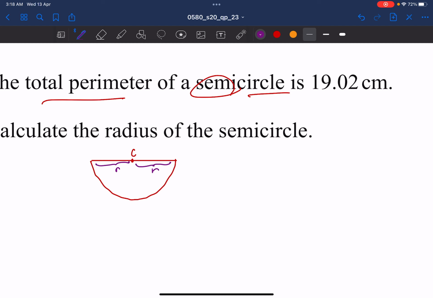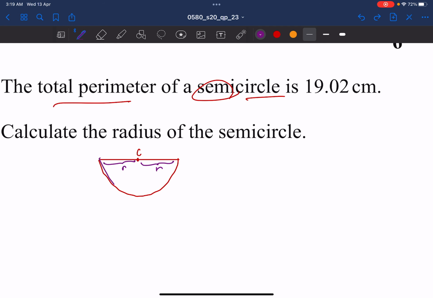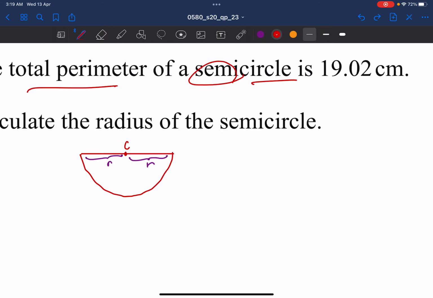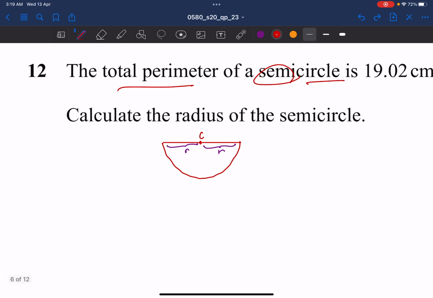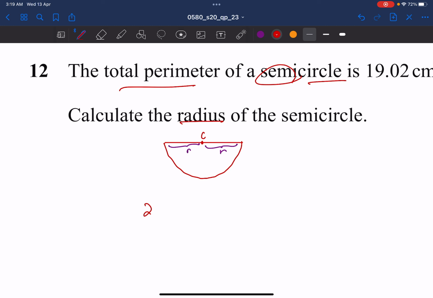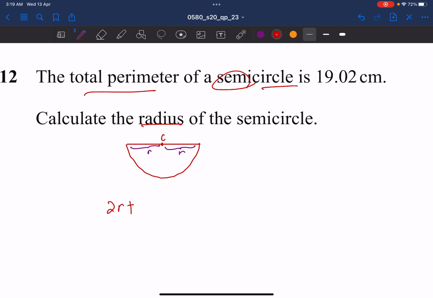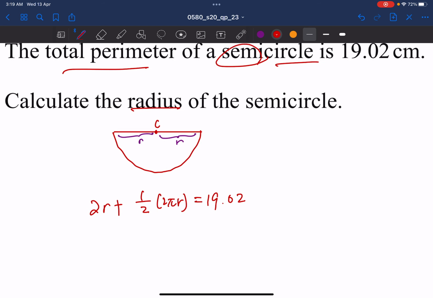So actually the perimeter is 2r, r plus r, plus the arc length, which is half of the perimeter of a circle. So we have 2r plus 1/2 of 2 pi r equals 19.02.